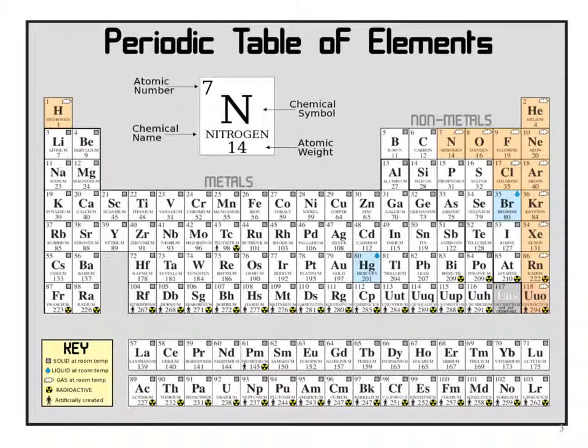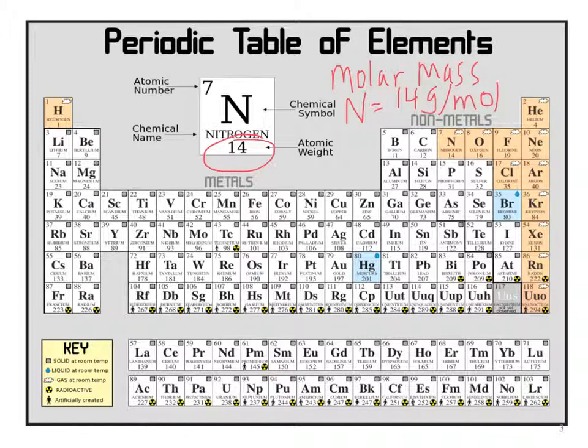So here is the periodic table of elements, and what I really want everyone to understand is this bottom number here for each element. That bottom number is your molar mass. So for nitrogen, the molar mass is 14 grams per mole. Let's do another example, like calcium is 40 grams per mole.